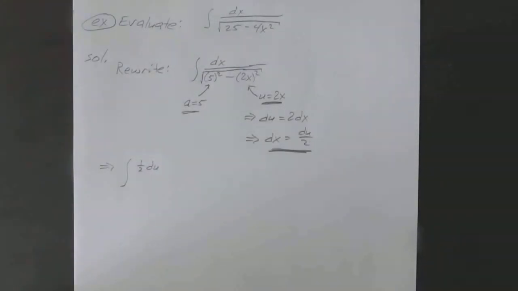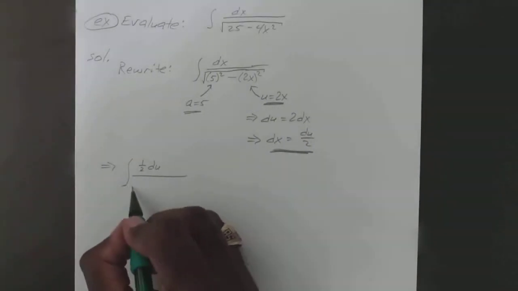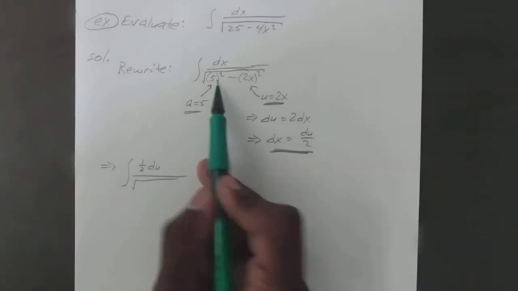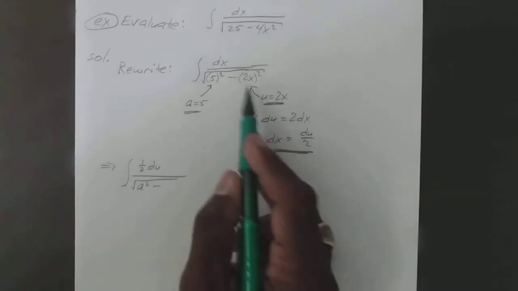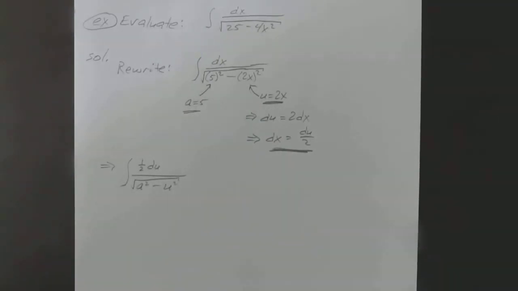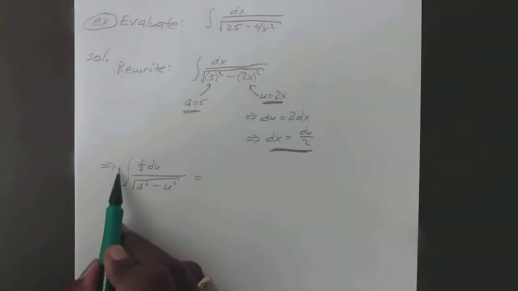All right, so let's say if we have our equation, we know that dx is equal to du over 2. So instead of du over 2, I just write it as 1/2 du over the square root. A is equal to 5, so we have our a squared.